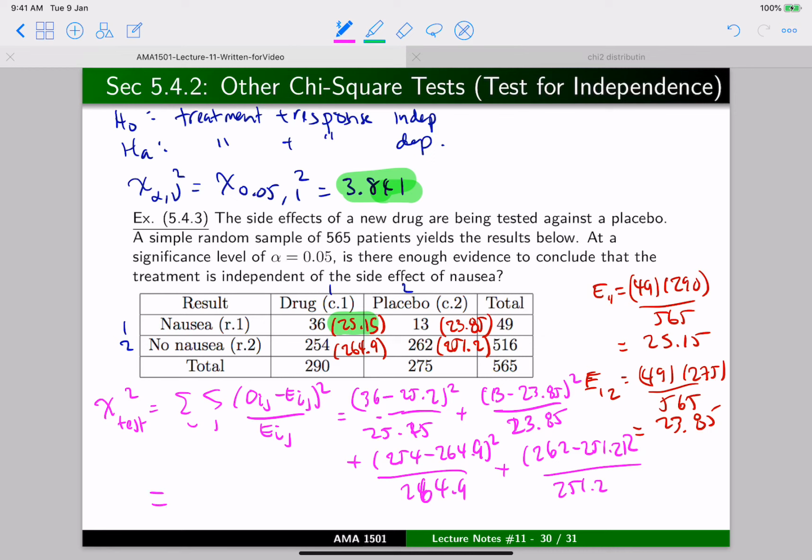In fact, the test statistic will be 10.53.